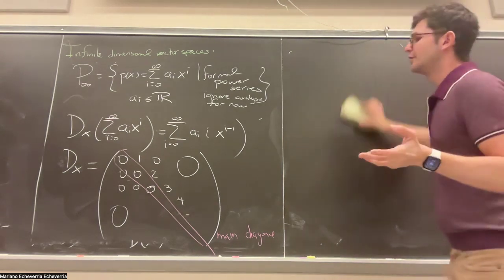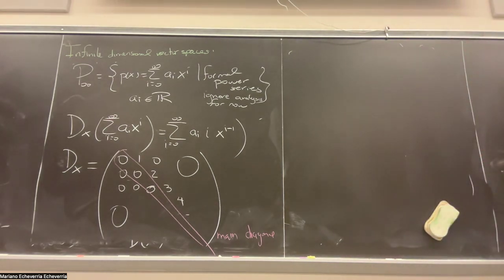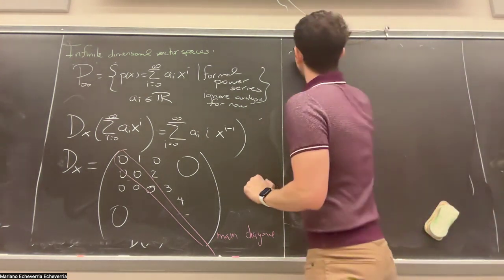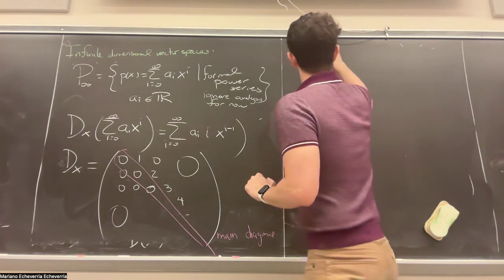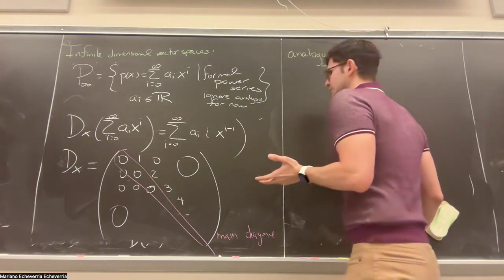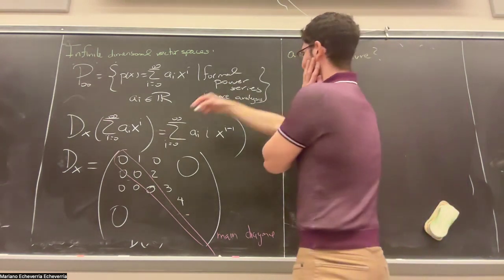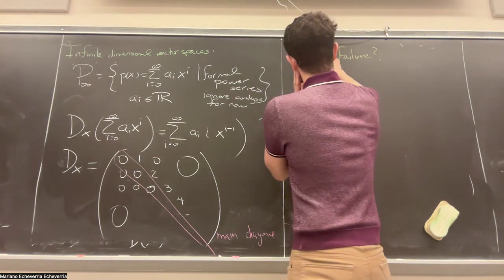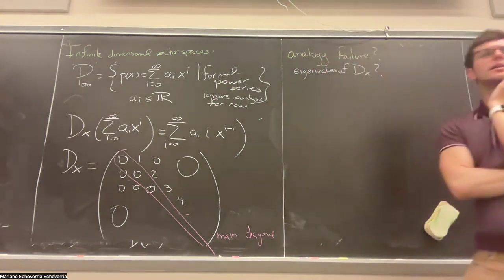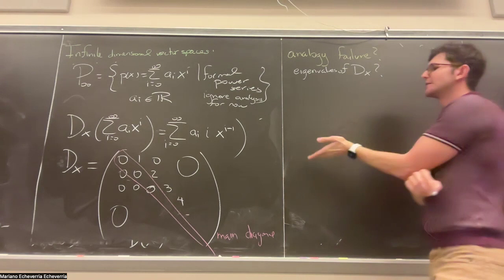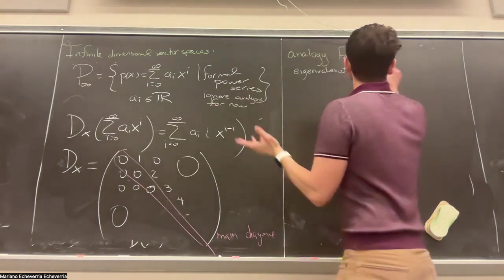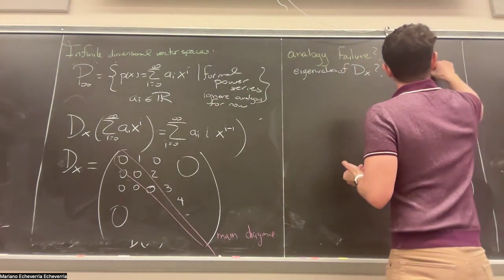If you thought about this as an infinite matrix, you could ask what the eigenvalues are. Here is where the analogy fails. If you just play by analogy, you say this is still upper triangular, so maybe zero is the only eigenvalue. Zero, because it's upper triangular.